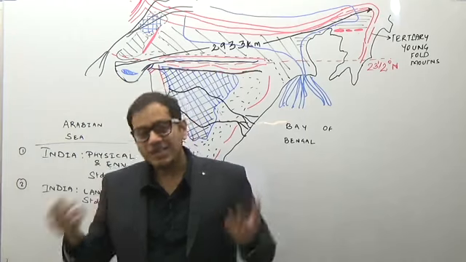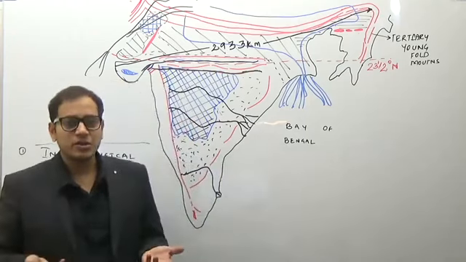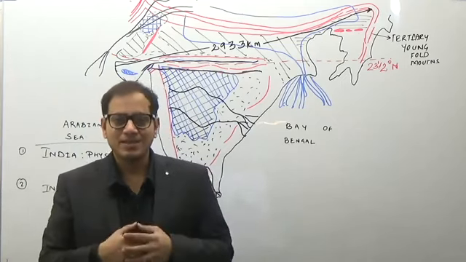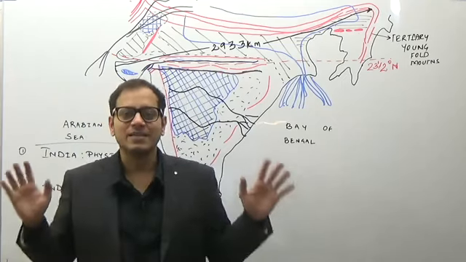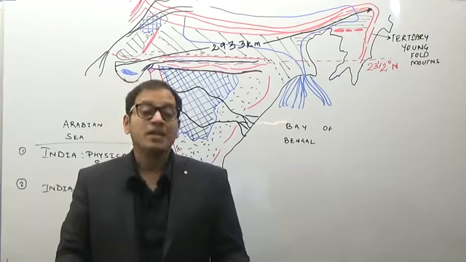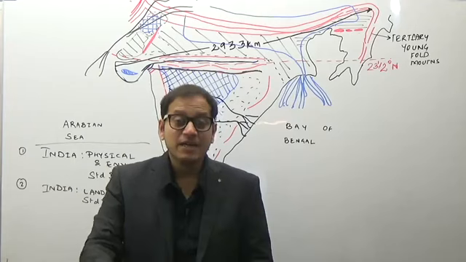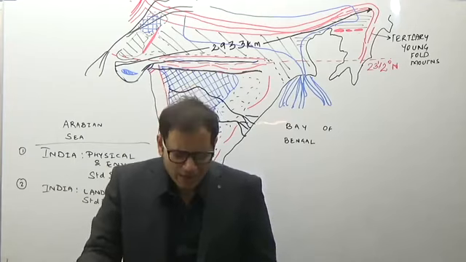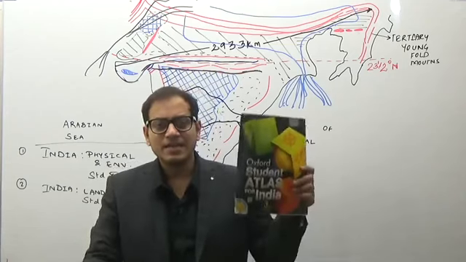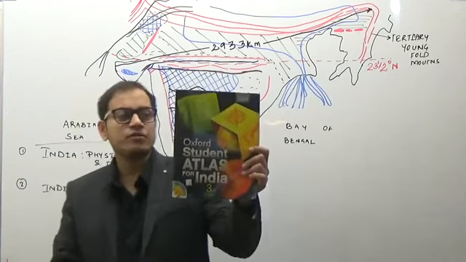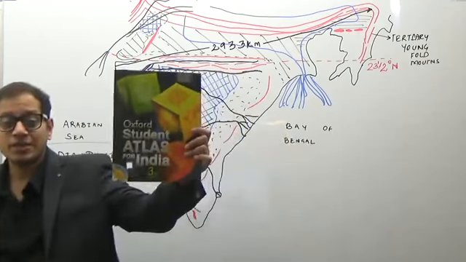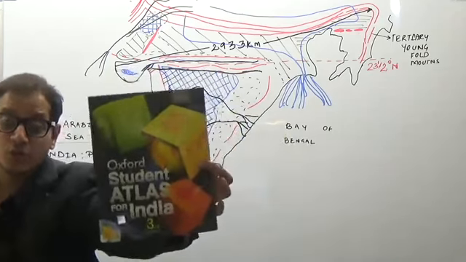Now, what are the other sources of reference? What are the other books? I can vouch that if you follow my lecture series regularly, you do not require any other sources. The third book you should have is an atlas. You can use any atlas, but if you have not bought one yet, I think the Oxford Student Atlas is a good one. There are two types: Oxford Student Edition and Oxford School Edition.